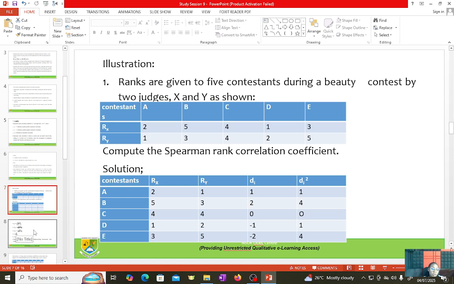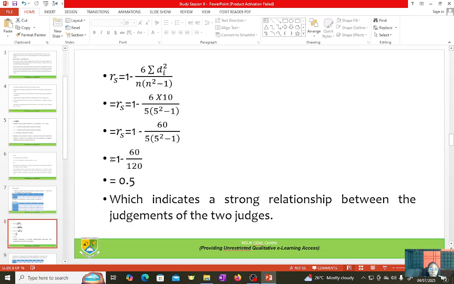To make it organized and neatly presented, it is advisable to compute your difference in ranks in a table before proceeding to substituting into the formula. Now, substituting into the formula, we have this, and when you compute this with the help of your calculator, you arrive at 0.5, which is approximately 1 mathematically.